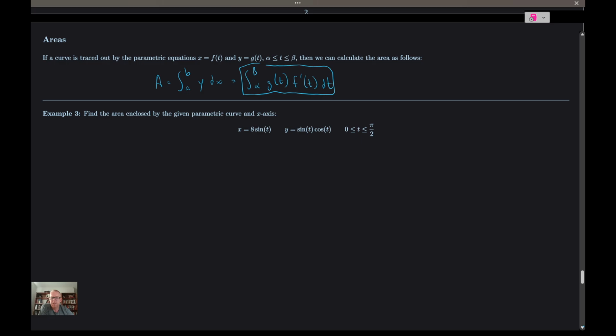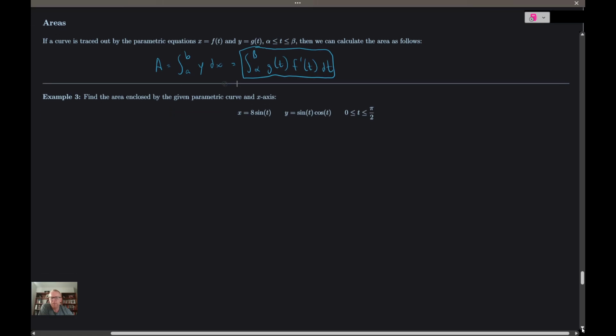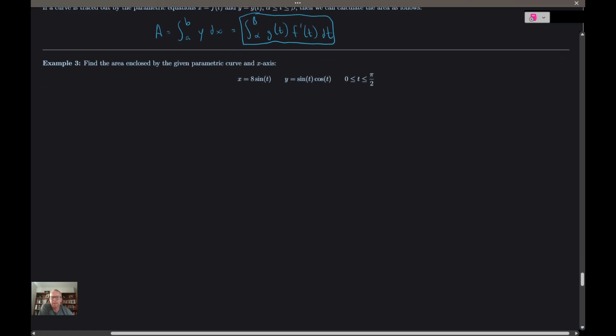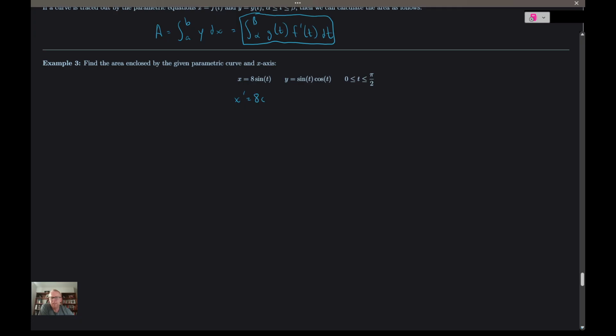And so there is our integration formula. So let's see how this works with x equals 8 sine t and y equals sine t cosine t. We don't need to find y prime, we do need to find x prime. So x prime is 8 cosine t.